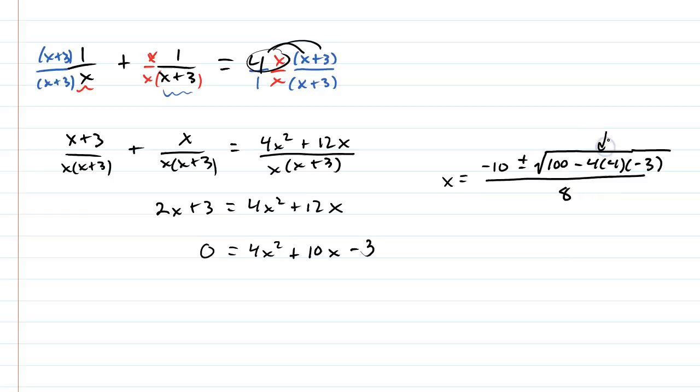Now in the radical here, 4 times negative 3, 16 times 3 is 48, so this would be negative 10 plus or minus, and because it's a minus minus, this would be 148 underneath the radical.